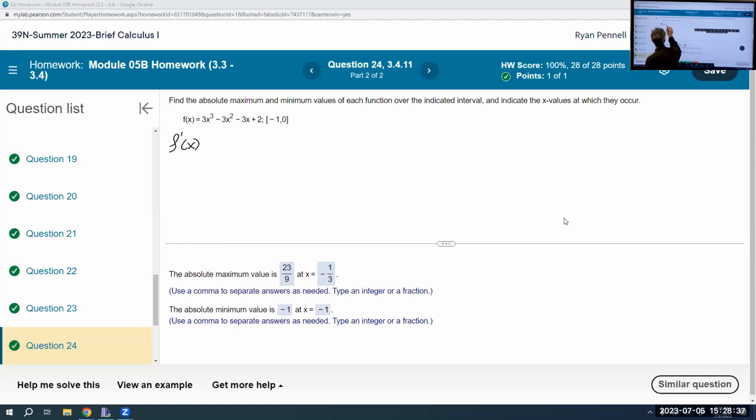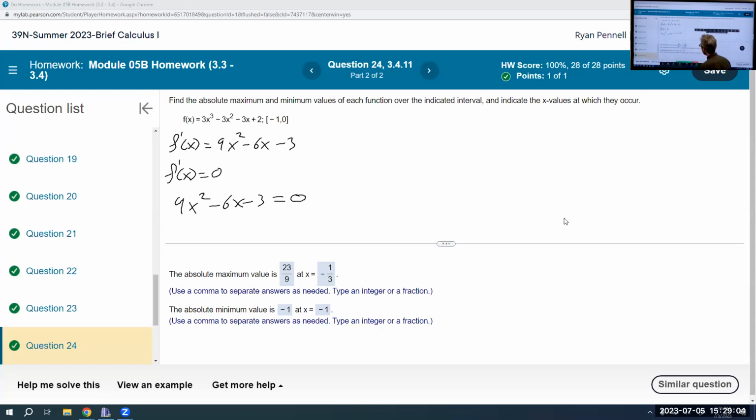f prime of x would be 9x squared minus 6x minus 3. Okay, set that equal to 0. f prime of x equals 0. 9x squared minus 6x minus 3 equals 0.